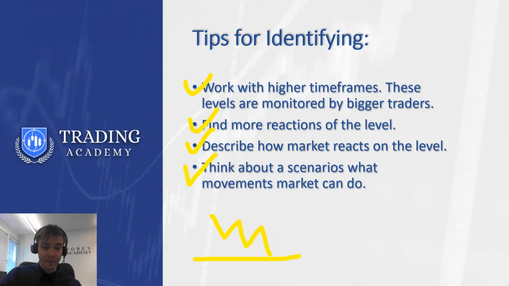The first one is that the market will bounce from that level, from some key support level, or the second one is that we will break it, test it from the other side and continue with the downside. So we have now two scenarios. So always think, in regards to key levels, about more scenarios of what can happen. Then you will be prepared for any outcome of your particular trade.